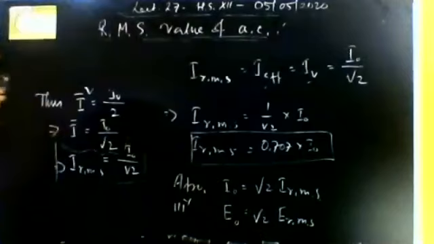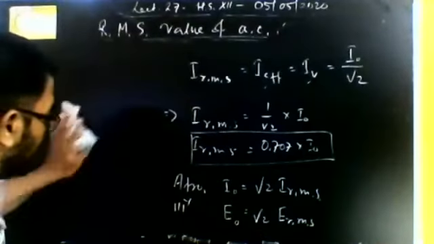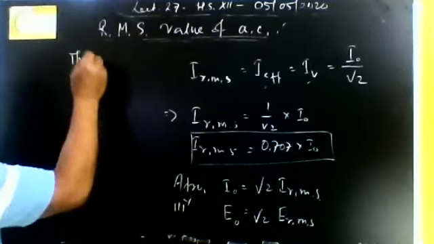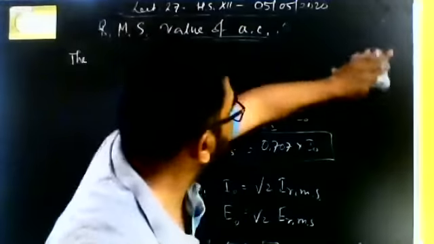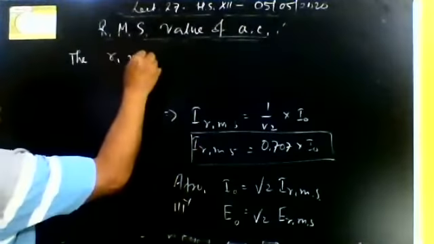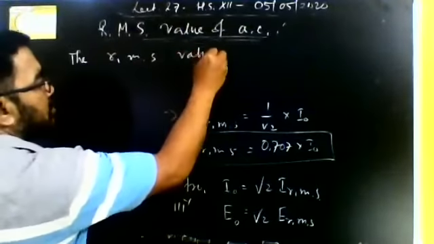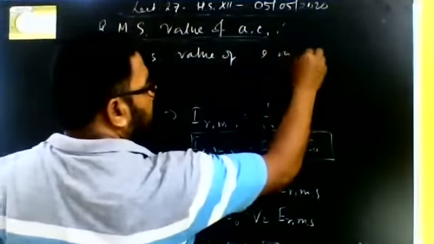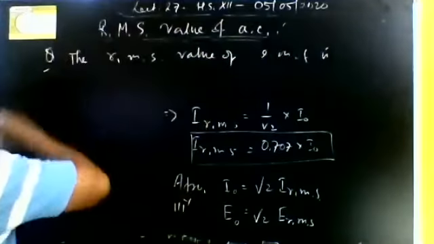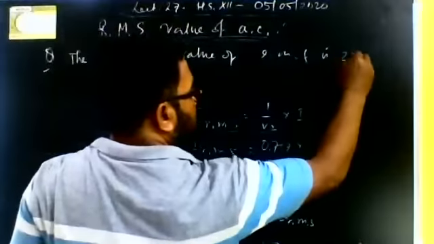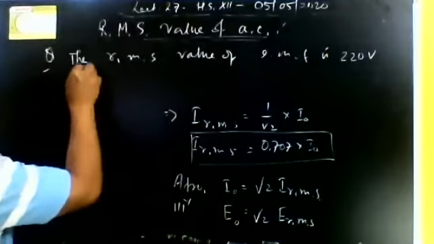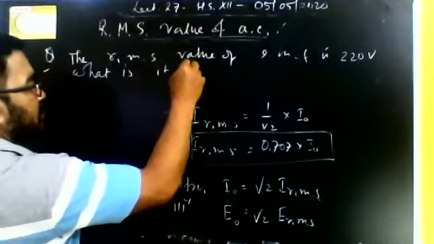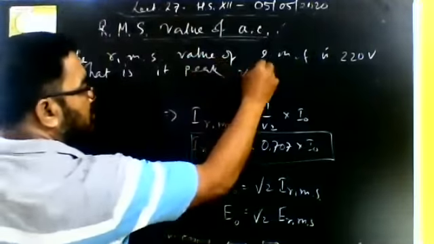So suppose the RMS value of EMF is 220 volt. What is its peak value?